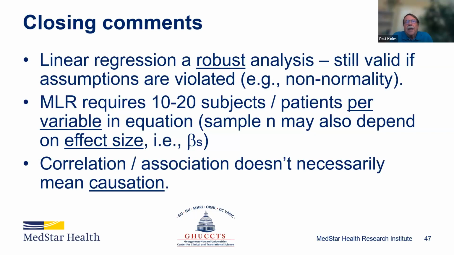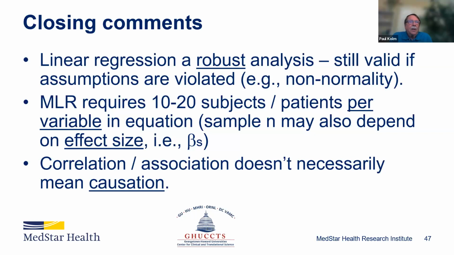And just to add to that, the sample size, depending on the reason you're doing regression, might also depend on the effect size. In other words, how big of a difference do you want to see between, say, treatment groups, or how big do you want to see the betas in your regression equation?